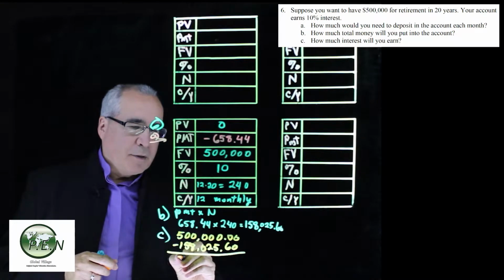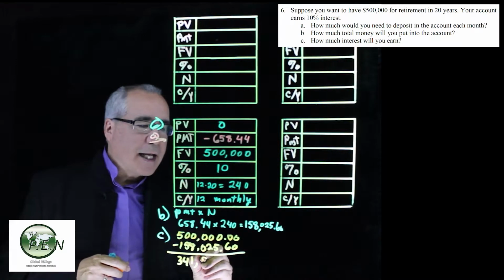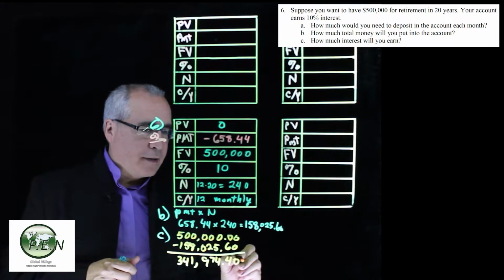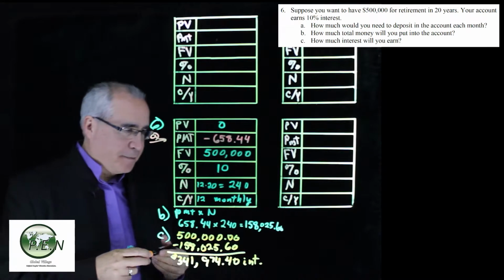And we should come up with $341,974.40 in interest. That's what that 10% interest did for us.